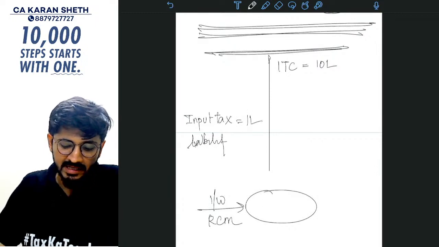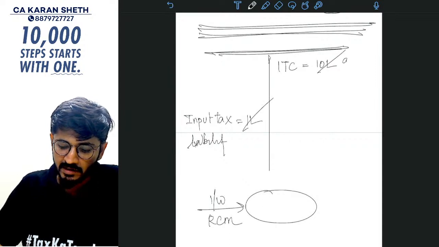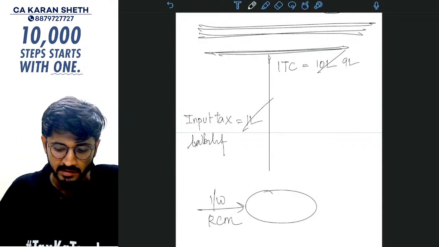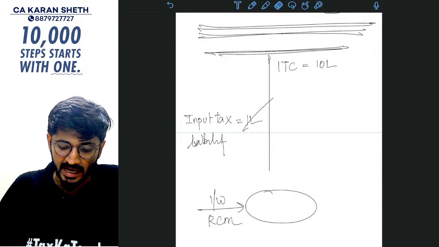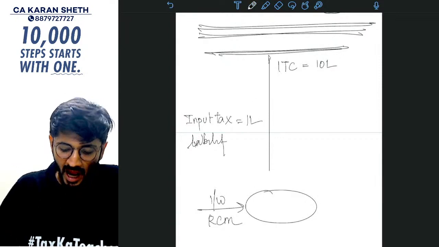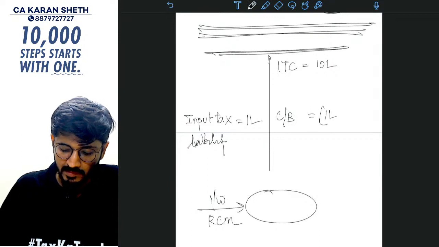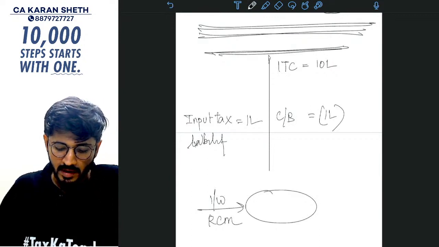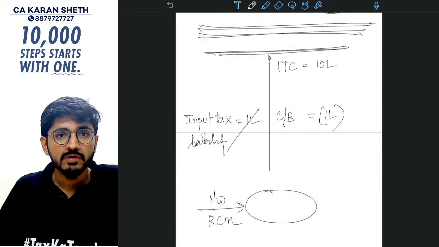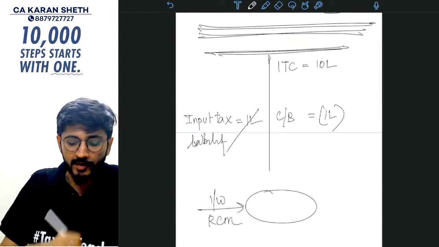Can I just knock it off like this and keep 9 lakhs here? No, I can't. This is a crime. I will have to use my cash bank and knock it off.